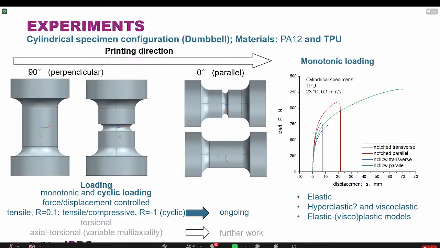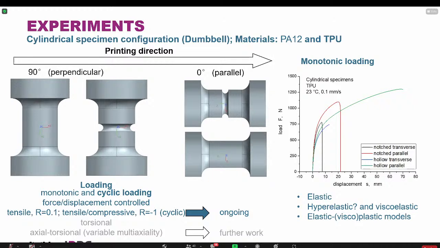On the other hand, you see we have a cylindrical specimen, and in this case we have a kind of hollow geometry, like a real cylinder. This is the specimen.